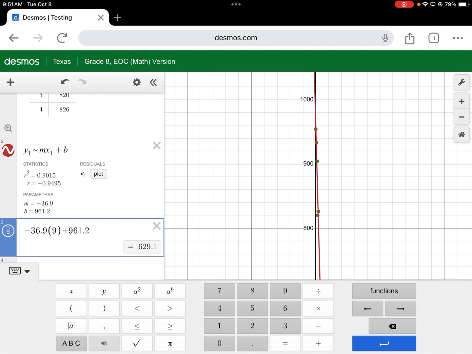If it says y is this, then we plug in the y value and solve, but it says x is this. Oh, 629.1. So 629 new cases.